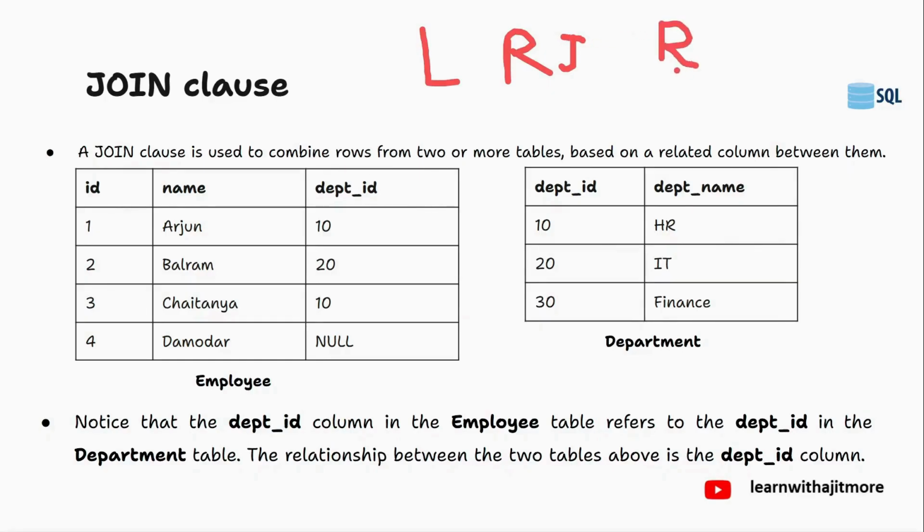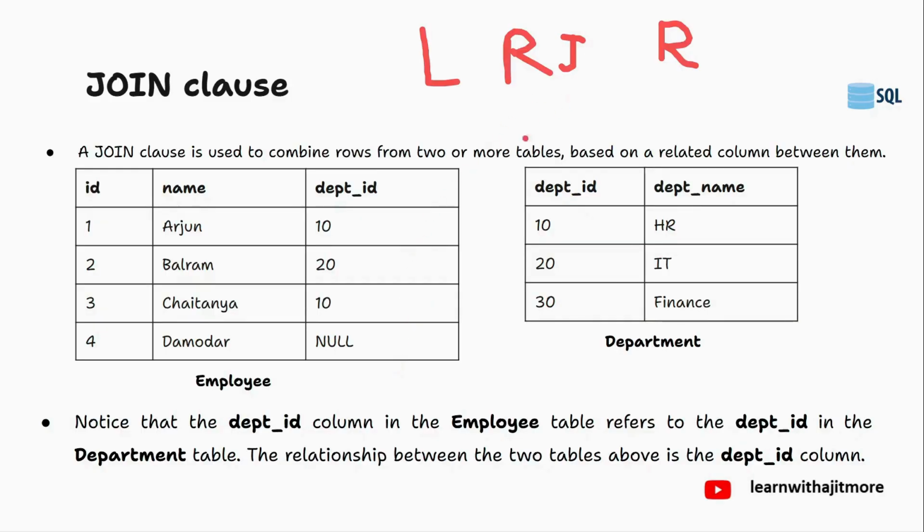Now, in this case, you're sure going to get all the records of right. From right, all record. From left, which record? Those which are having common value. But from right, the record which is not having any corresponding value in the left, there you will get null.